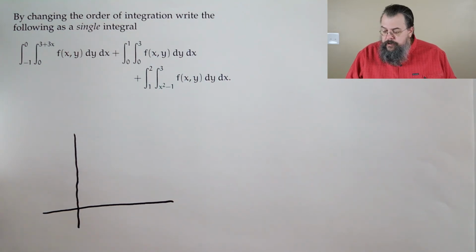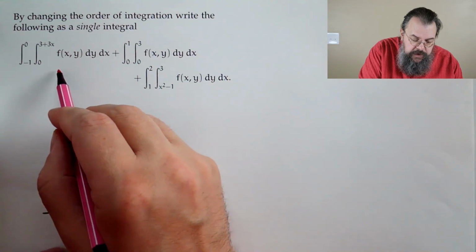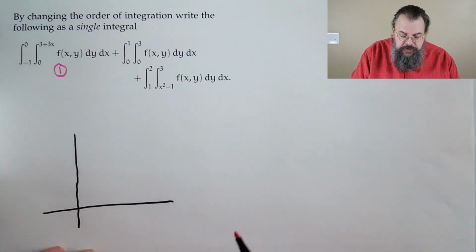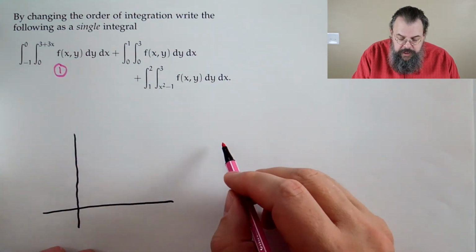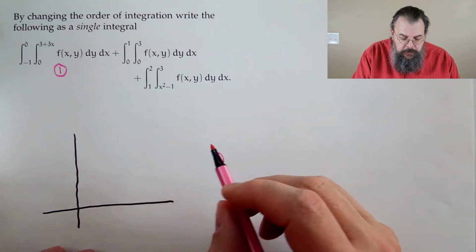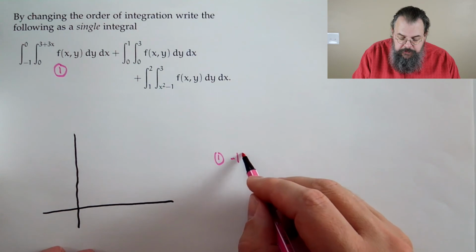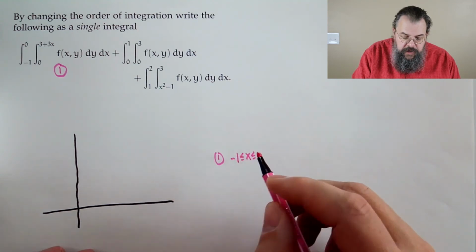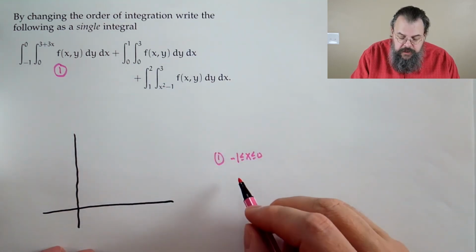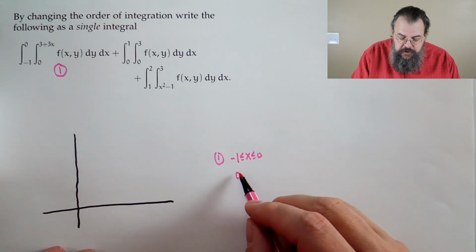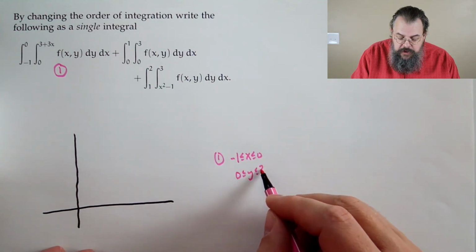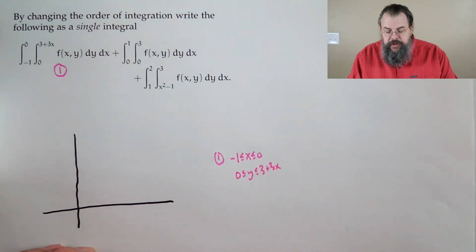Okay, so let's begin at the first one. So in the first one, what happens? Well, we're told x goes from -1 to 0. And then y goes from 0 up to 3 plus 3x.